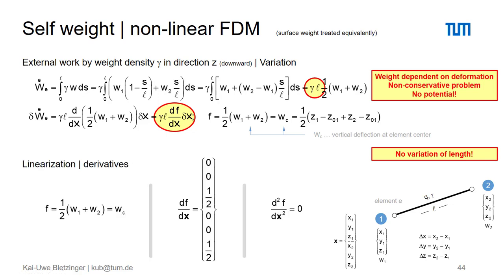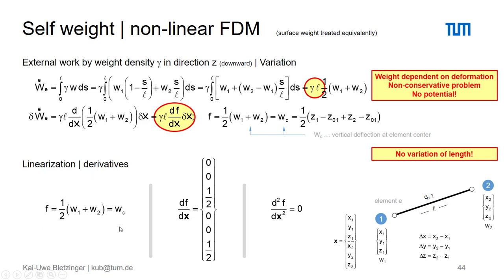If we go further in variation, as we again have to apply the chain rule with respect to the variation of our free variables, we have to concentrate this variation on this expression F, as what we see is just the center deflection as a function of the deflections at the nodes, or in other terms as a function of the vertical coordinates Z1 and Z2.